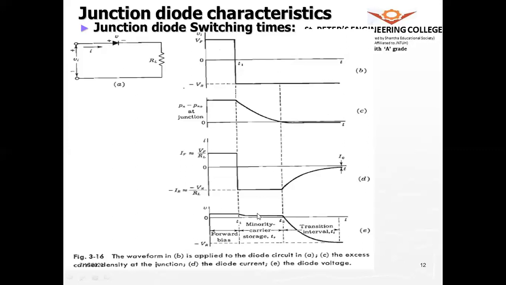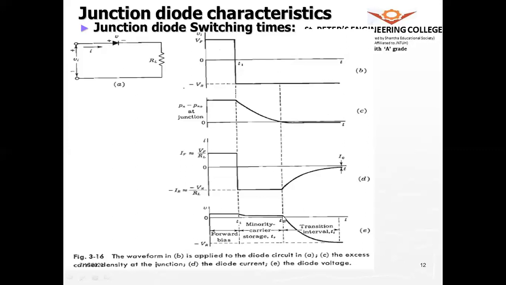So we can divide this timing into three parts. 0 to T1 is the forward bias time, and T1 to T2 is the minority carrier storage time, which we call Ts.